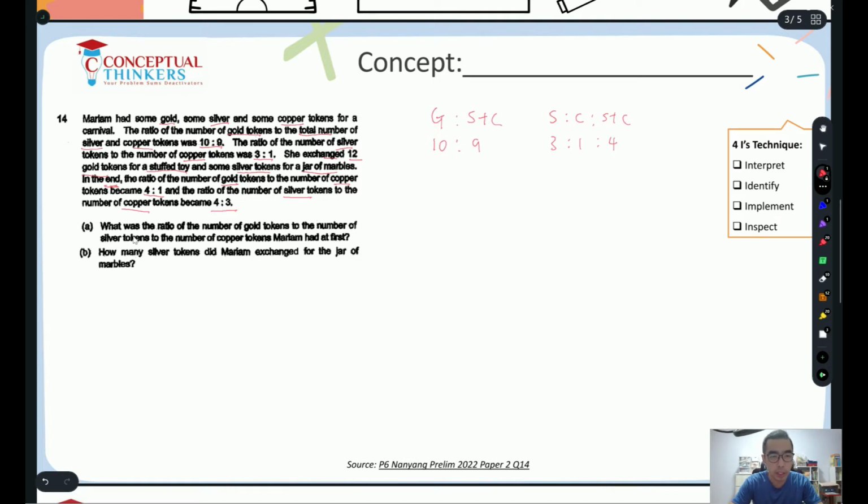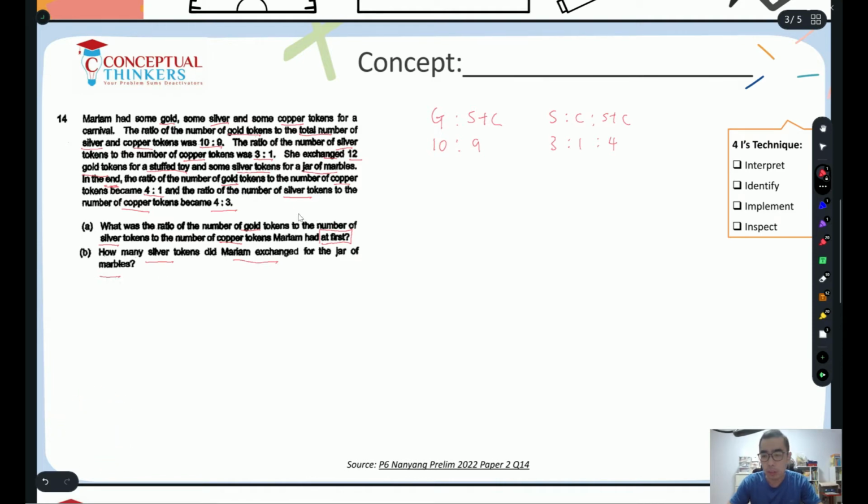So for part A, what was the ratio of the number of gold tokens to the number of silver tokens to the number of copper tokens Mariam had at first? Now this is very important, they are asking for at first. For part B, how many silver tokens did Mariam exchange? So we need to look at silver tokens that Mariam exchanged for a jar of marbles.